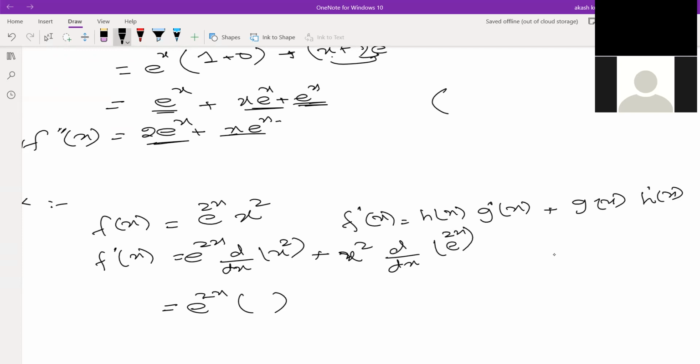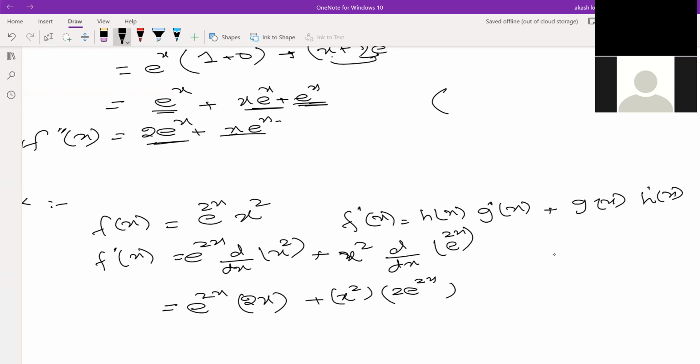No, it will become x. No, it becomes 2x, yes. 2x, yeah. Plus x squared as it is, plus 2e to the power of 2x.